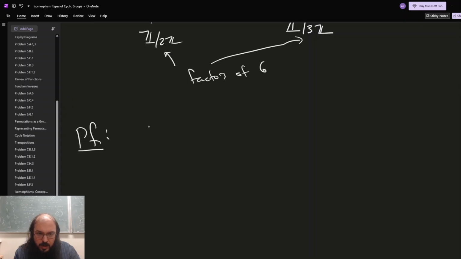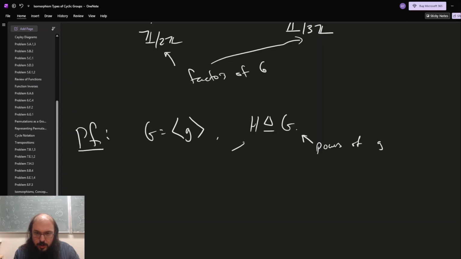So we have G a cyclic group, and we have H a subgroup of G. Since everything in G is all powers of g, the same is true here, all powers of little g.